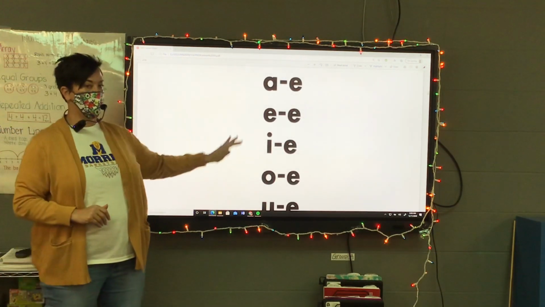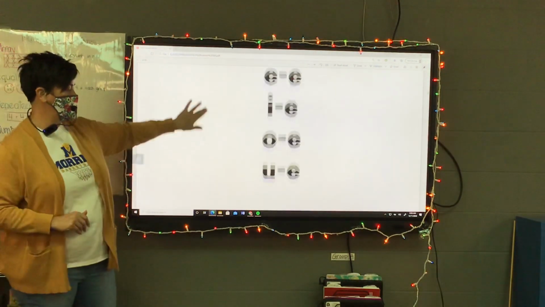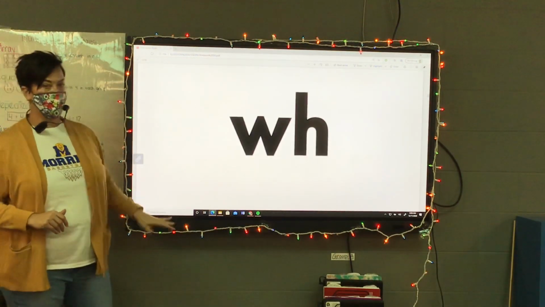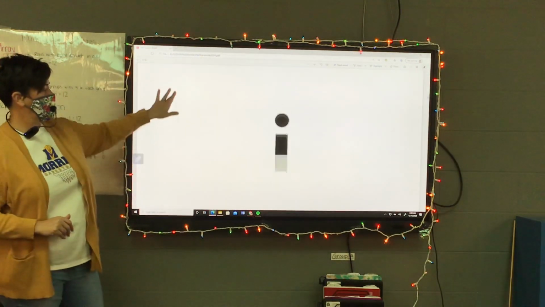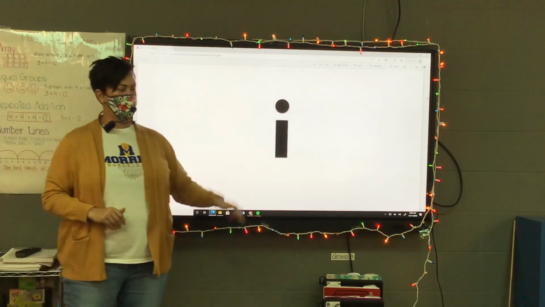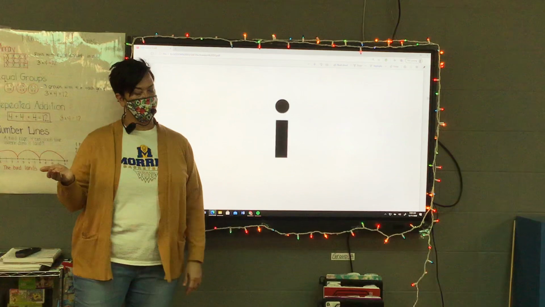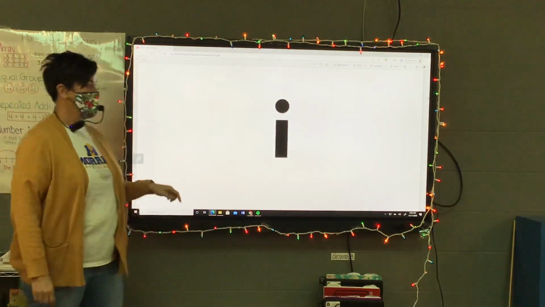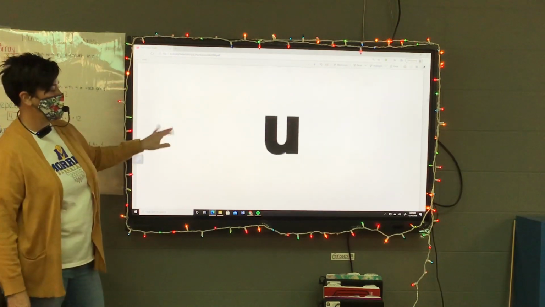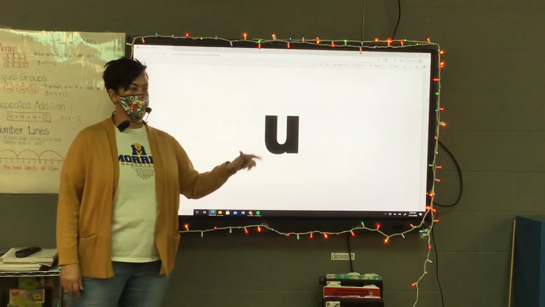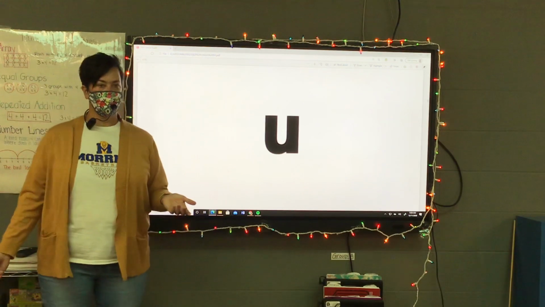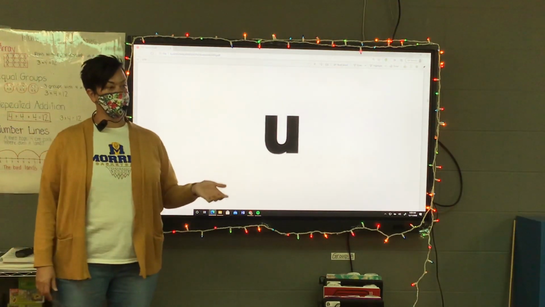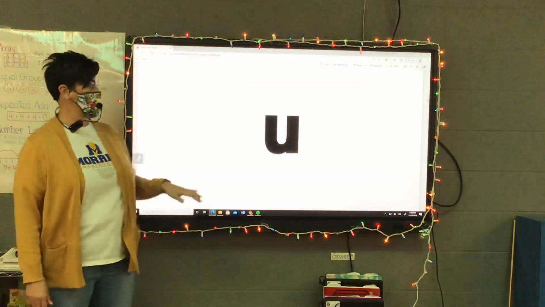A, E, I, O, U, I. W. Which one is the long sound? I. Which one is the short sound? I. U. Which one is short? So that means U is the long sound.